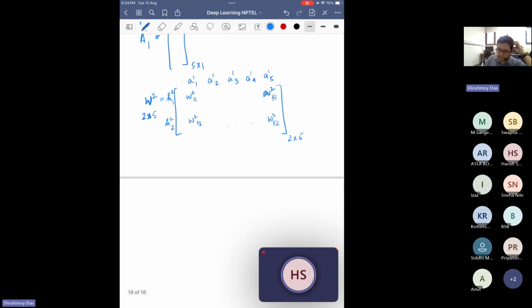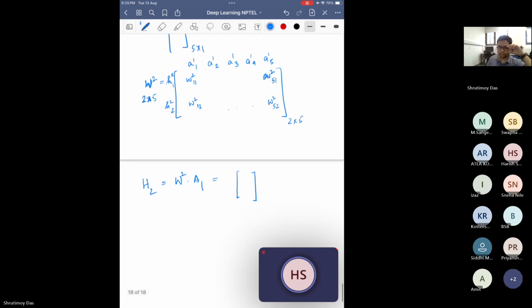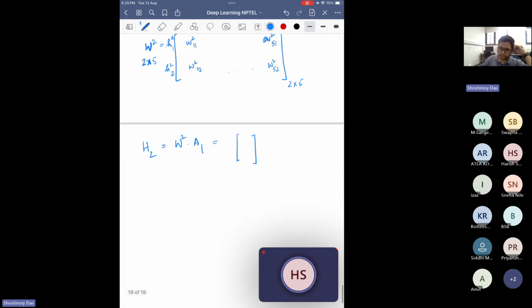What is the operation we are doing? We will get some H2, hidden layer 2, which is basically W2 times A1. What will be the size of this H2? It's simple, right?